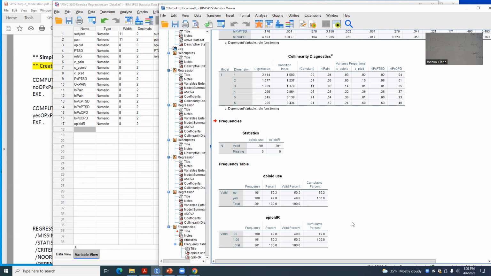What do we think? If I want to look at the unique effect of pain on role functioning for people who aren't using opiates, what variable do I need to have in my model?